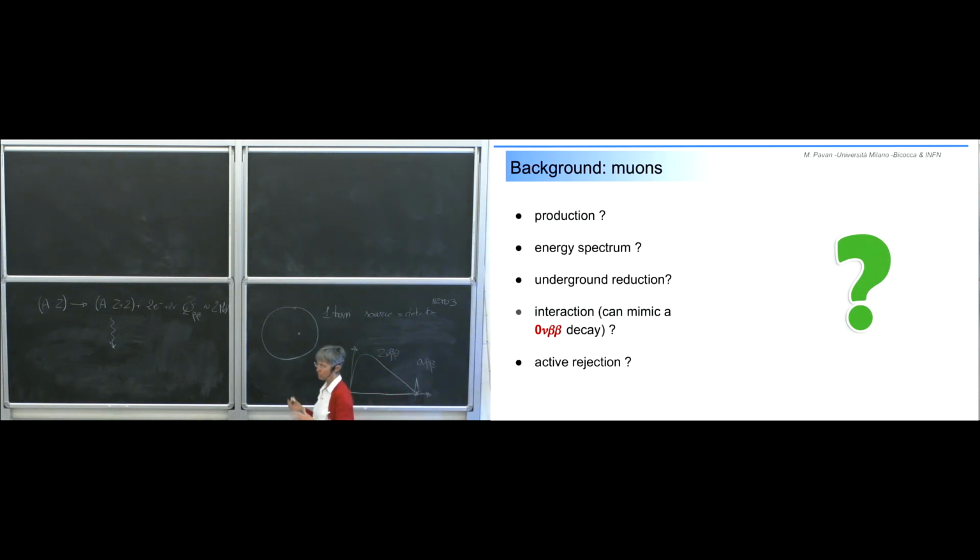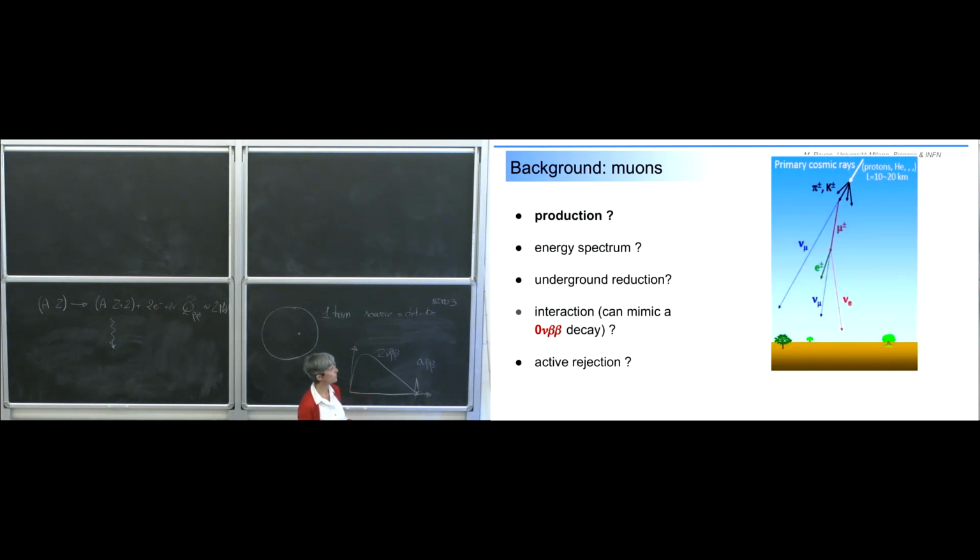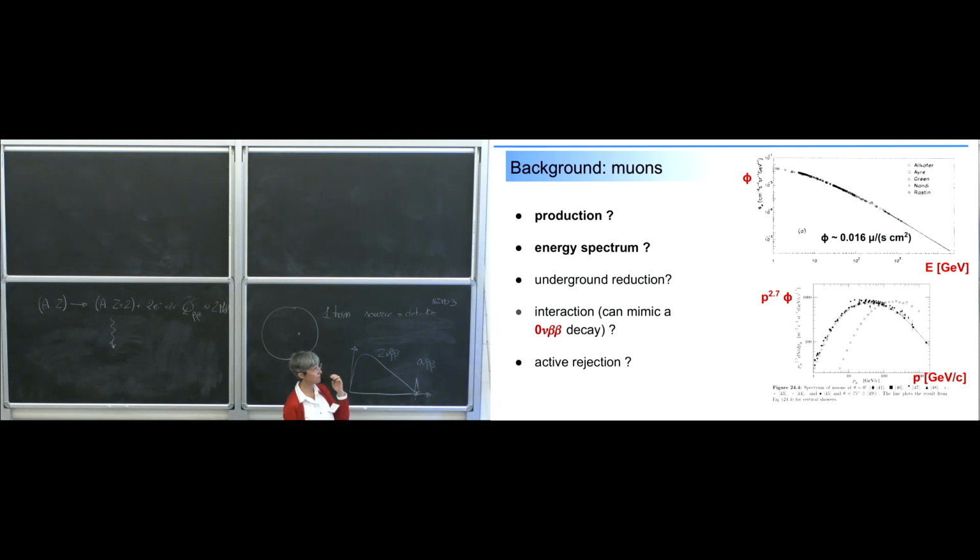They produce mainly pions and kaons, which decay. This is a picture of their decay. And I get muons.